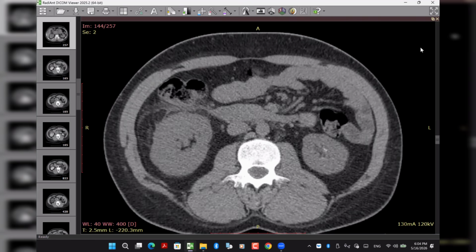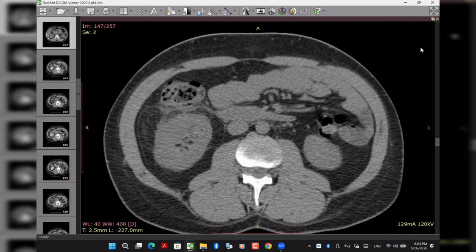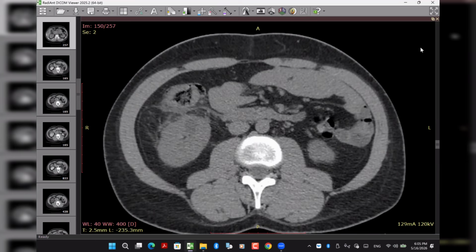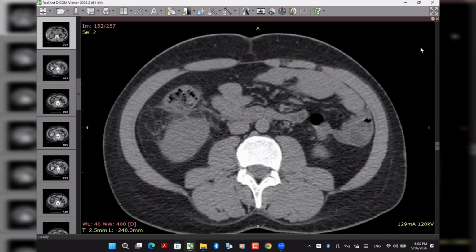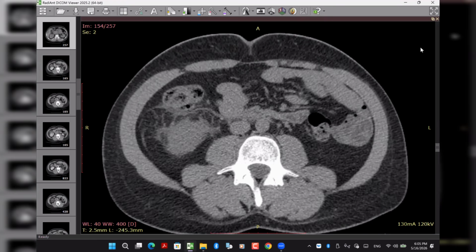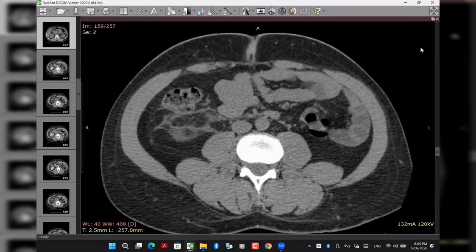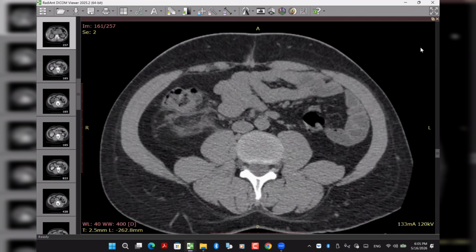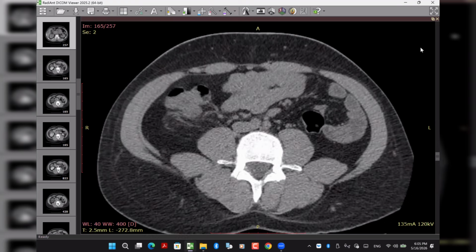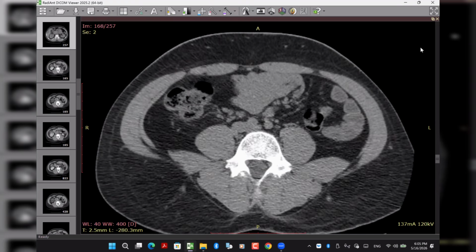So there are a few tiny calculi bilaterally, but I think the main abnormality is on the right side because the kidney is looking a bit enlarged and there's perinephric fat stranding, mainly inferiorly. Going further down, I don't think I spotted any hydronephrosis.